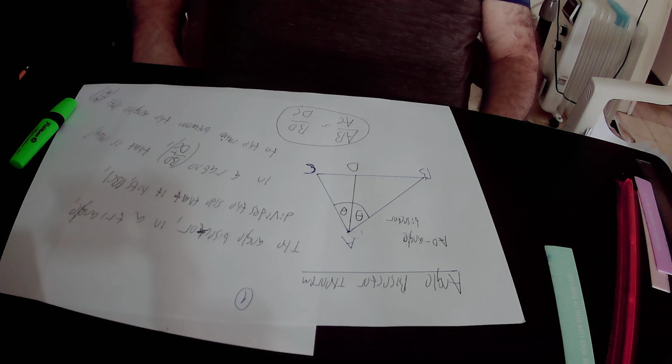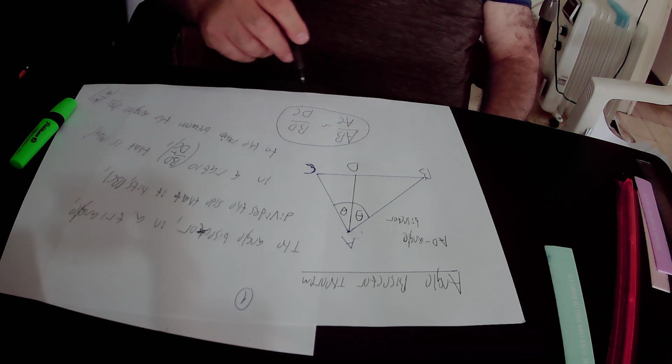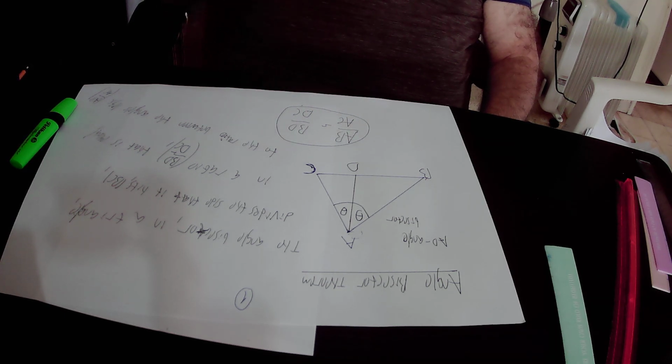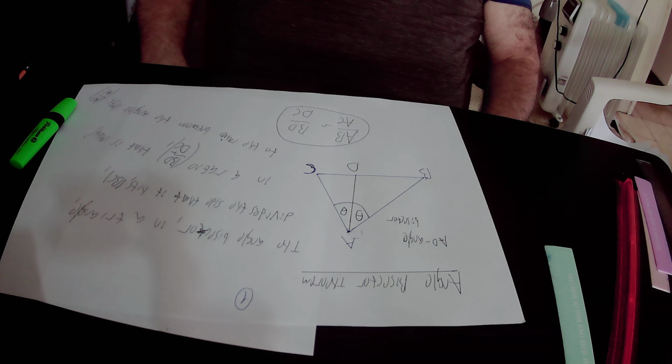And that ratio is equal to the ratio between the angle's legs. The ratio between the angle's legs is AB over AC. In conclusion, AB over AC equals BD over DC. Okay?